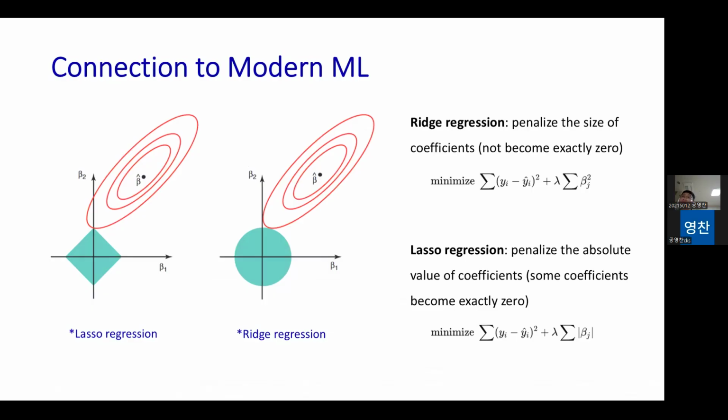Until now, we've learned 3 types of subset selection methods. There are best subset, forward and backward stepwise. These classical approaches are actually the foundation of modern machine learning models. For example, we're gonna talk about ridge regression and lasso regression.